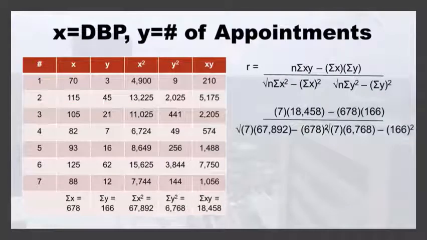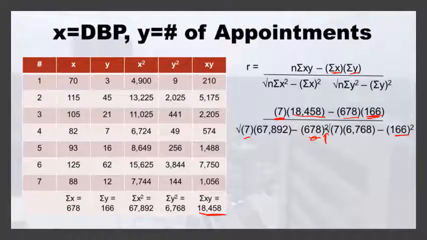Let's go ahead. All right, so remember 7 was our n, because we have 7 patients, 7 readings, so that's going to go right there. Then we have our sum of xy's, which go here. We have our sum of x's, which is going to go here and here, and remember this one is in parentheses and it will be squared when you start working out the problem. We have our sum of y's, which will go here and here.